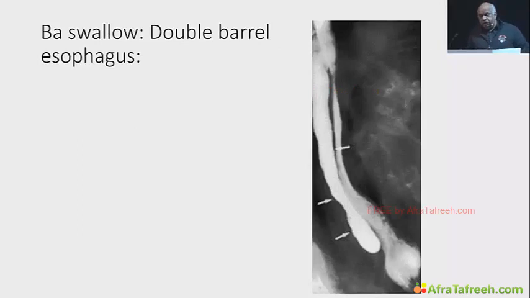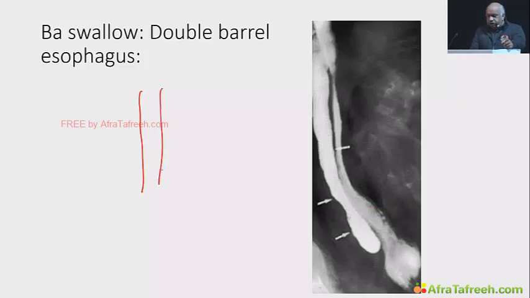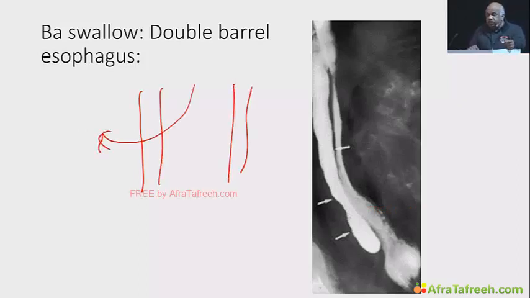Now, this X-ray again will never become an image-based question, very unlikely. Theoretically, remember, can you tell me where you get the double barrel sign? Yeah, very good. Esophageal dissection. You see, this is the esophagus and someone is doing endoscopy and he perforates the esophagus. We call it perforation. But no, he only splits the wall. The wall is split. It's not gone out, not through and through.